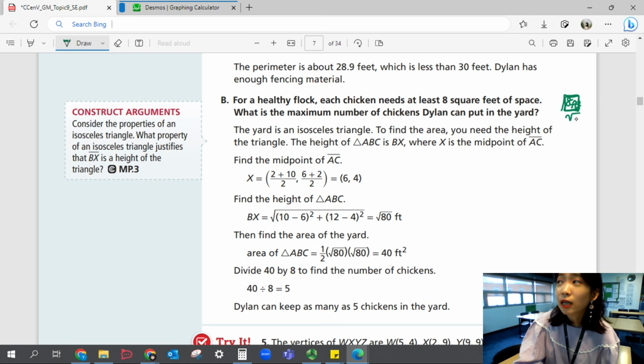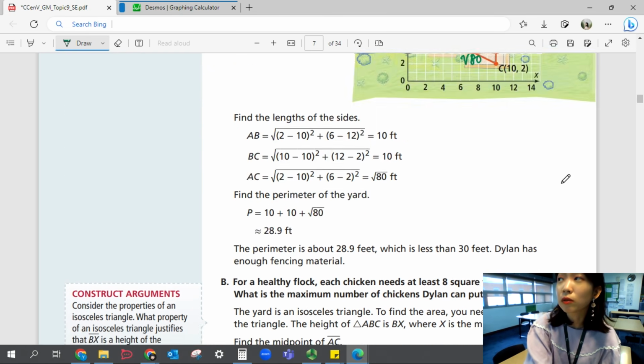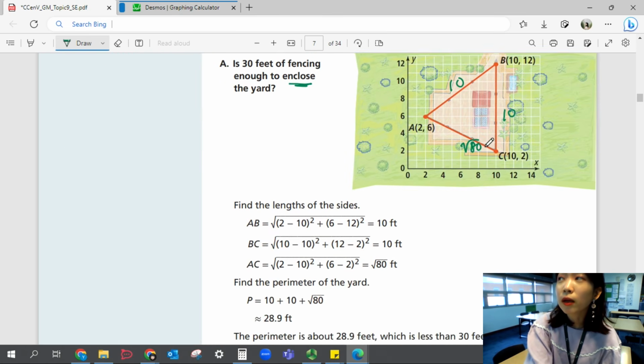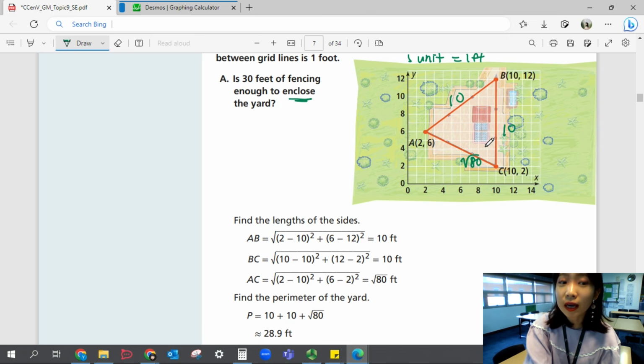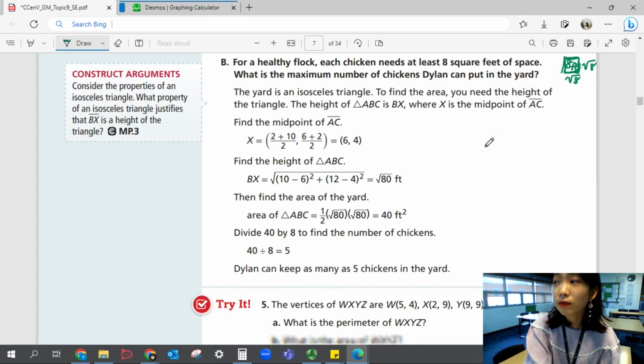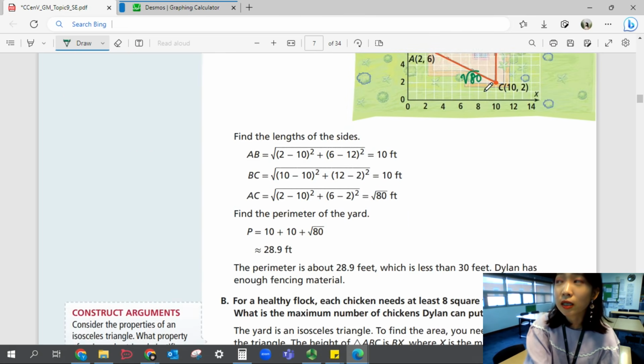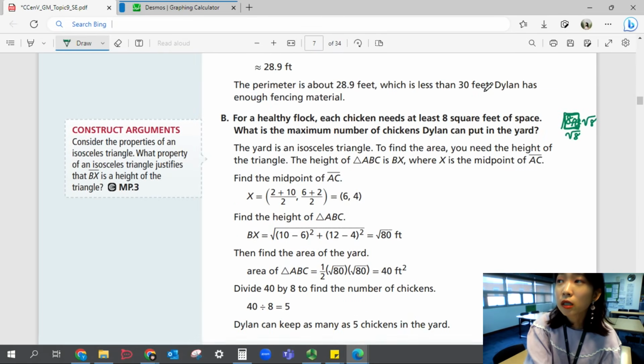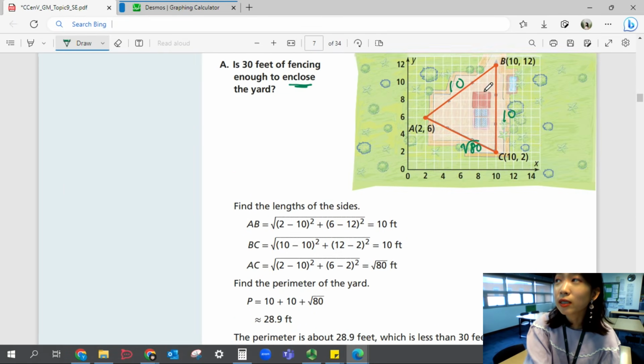So your sides are going to be square root 8 each. So first, we want to see how many 8 square feet would fit in here. But in order to do that, we want to figure out the area that's covered by the fence, right? So the yard, first of all, is an isosceles triangle since we have 2 sides that are equal to each other.